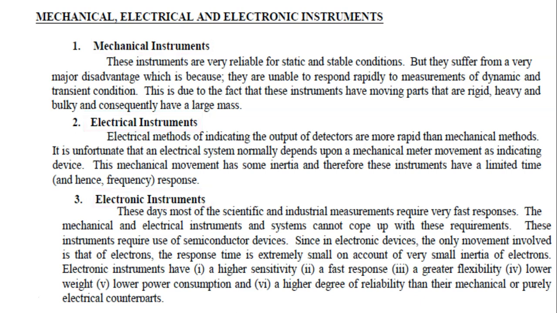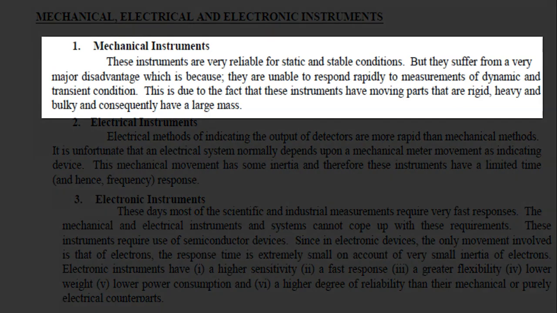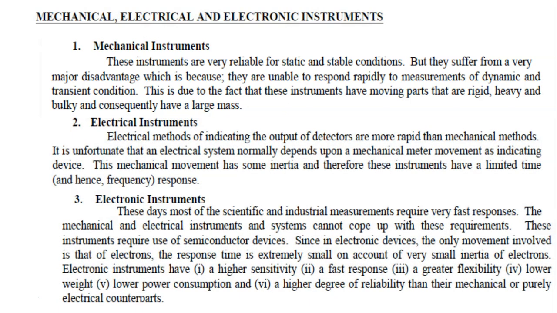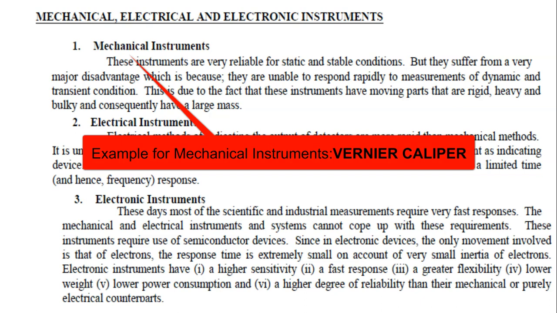Mechanical instruments are very reliable for static and stable conditions, but they suffer from a major disadvantage because they are unable to respond rapidly to measurements of dynamic and transient conditions. This is due to the fact that these instruments have moving parts that are rigid, heavy and bulky and consequently have a large mass. A vernier caliper is an example of a mechanical instrument that you use for measurement.